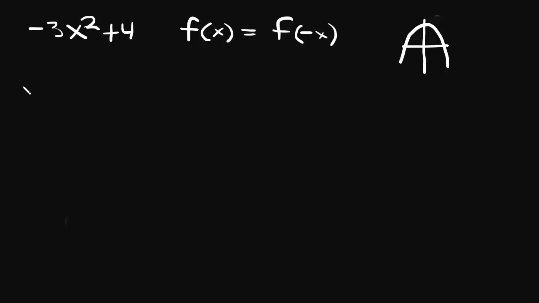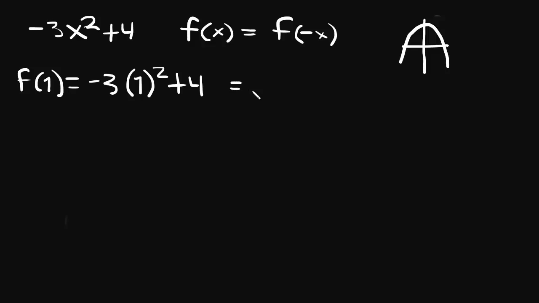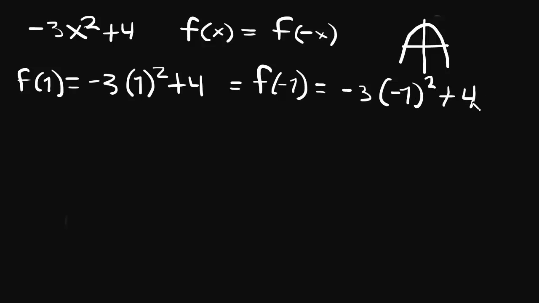So if I put in f at 1, I would get negative 3 times 1 squared plus 4. And if this was indeed an even function, this would be the same as f of negative 1, which would be equal to negative 3 times negative 1 squared plus 4.